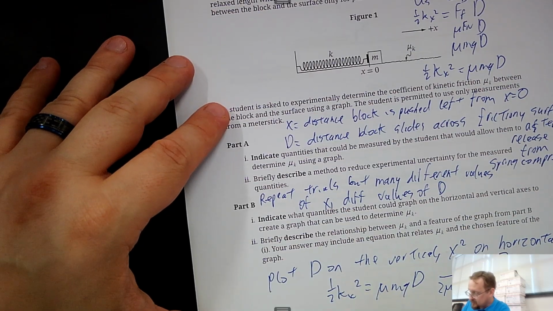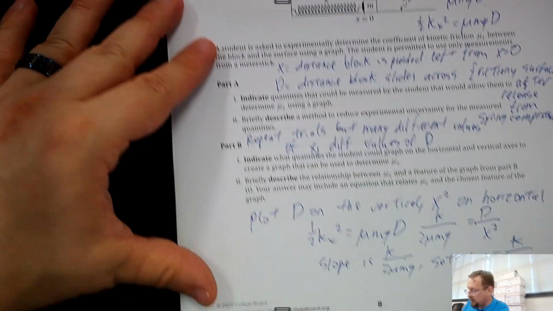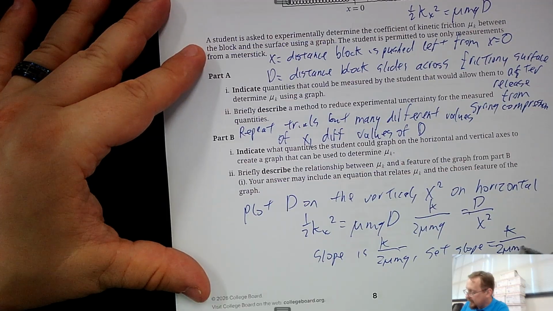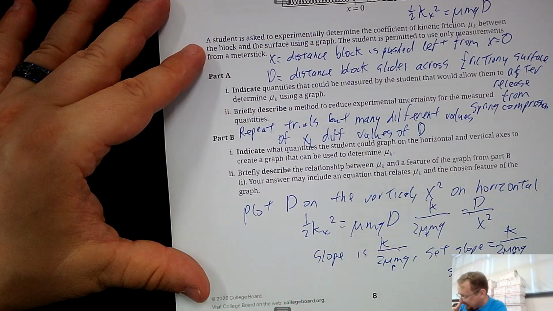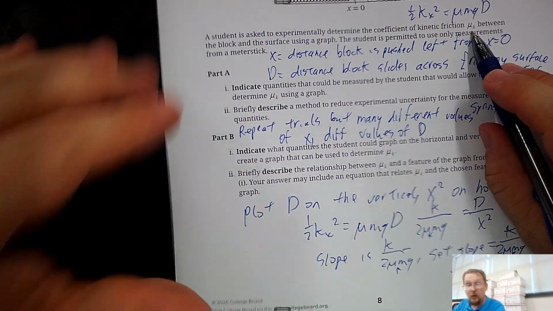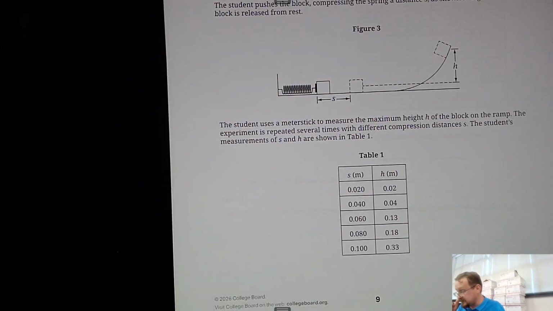So slope is k over 2 mu mg. Set the slope equal to k over 2 mu mg, and solve for mu. And then I'm going to go back and make sure they all say mu k, because that's what it said, and I want to make sure I have the exact same subscripts.